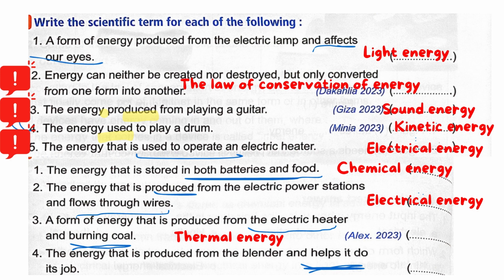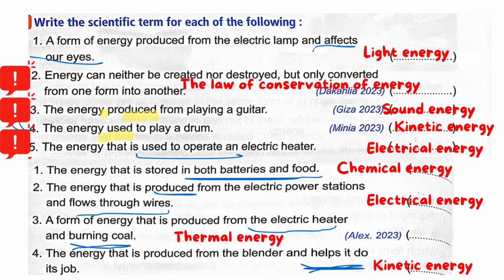The energy that is produced from the blender and helps it to do its main function. We know the blender blends the food. So to blend the food, this is kinetic energy. And as we know, the blender produces what?